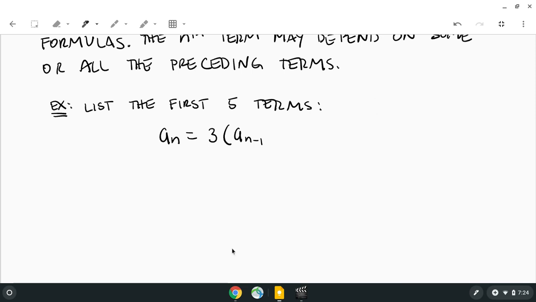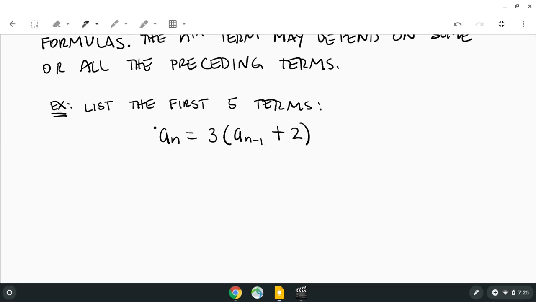Okay, so what this is saying is, if you want to find whatever term here, you're going to have to do 3 times the term before this one plus 2.